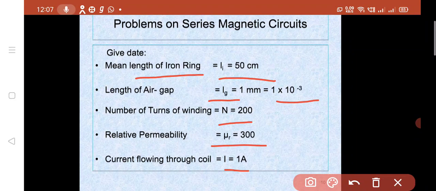Number of turns of winding N is equal to 200, relative permeability mu r is equal to 300, and current flowing through the coil I is equal to 1 ampere.